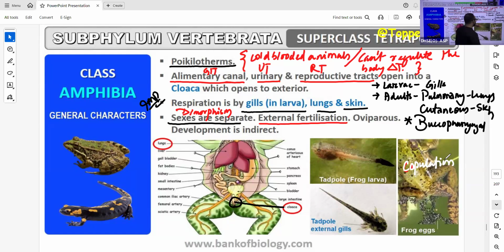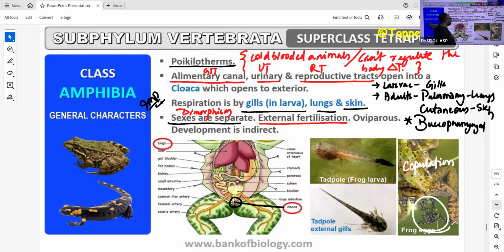As you can see, the female frog lays the eggs, whereas the male frog releases the sperms, and simultaneously fertilization takes place. Fertilization results in the formation of tadpoles.